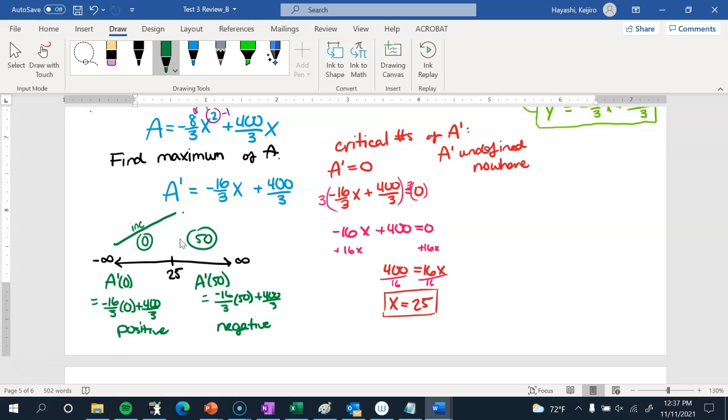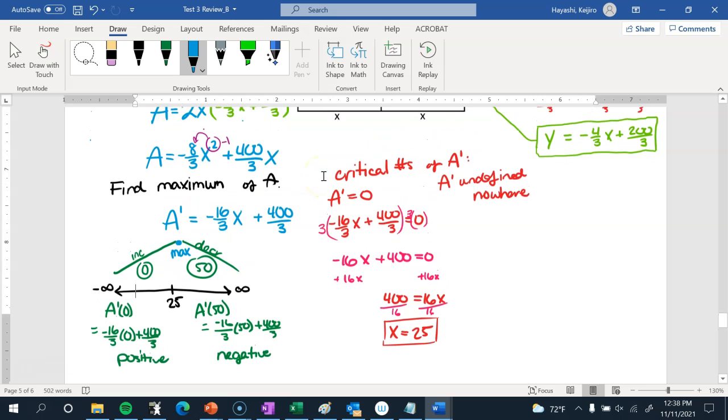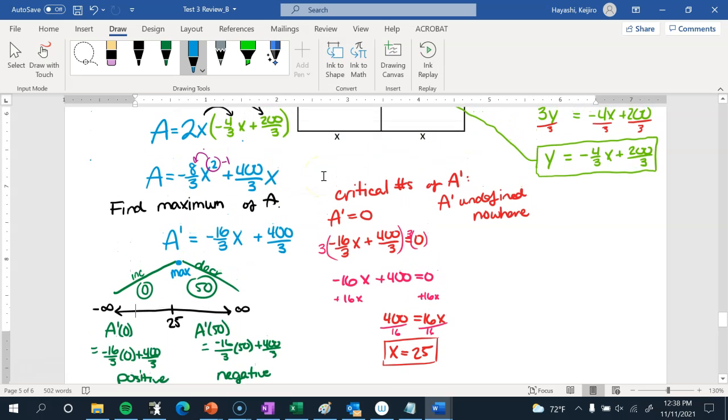What matters is the sign. So you get a negative derivative there, meaning that the original function is decreasing, and if you needed it, that's verification that at x equals 25 there's a maximum.